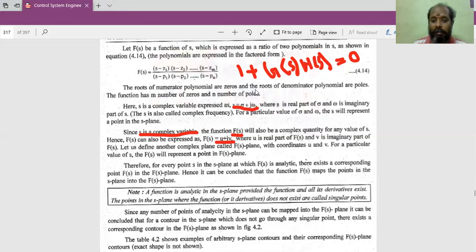How do you comment on it? If the roots of this particular equation lie on the left hand side of the S plane, then you say the system is stable. If all the poles and zeros are lying on the left hand side of the S plane, then you say the system is stable. And if any of the roots lies on the right hand side of the S plane, then you say the system is unstable.